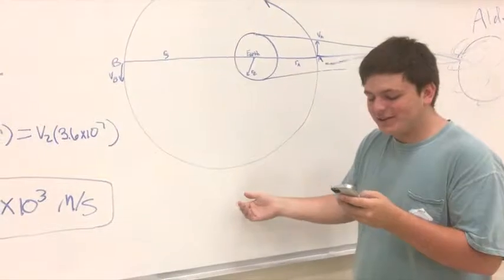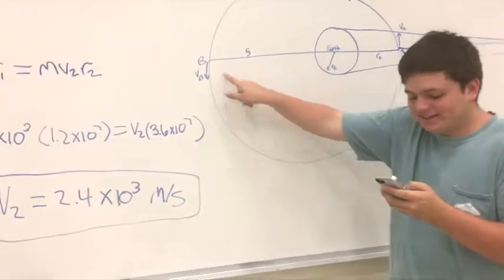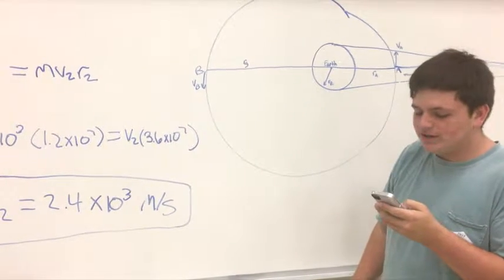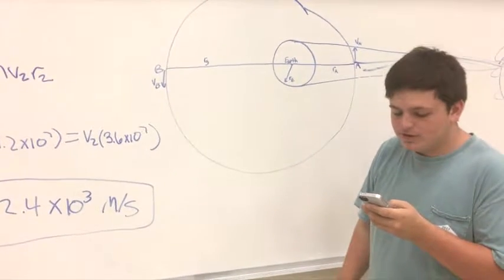Later, the spacecraft is at point B, on the exact opposite side of the orbit at a distance RB equals 3.6 times 10 to the 7th meters from the center of the Earth.